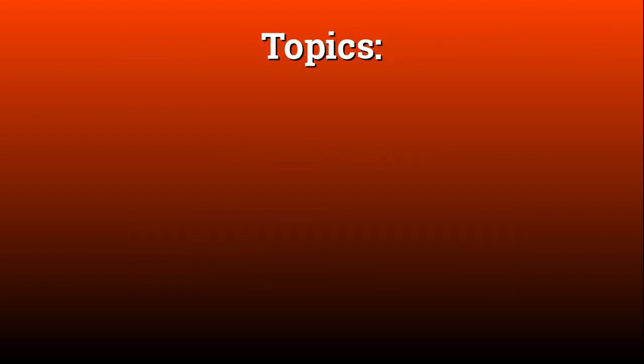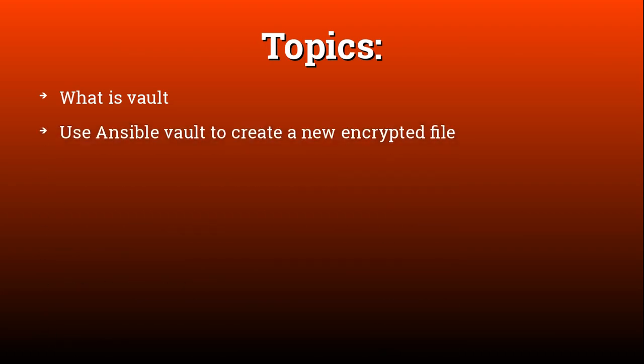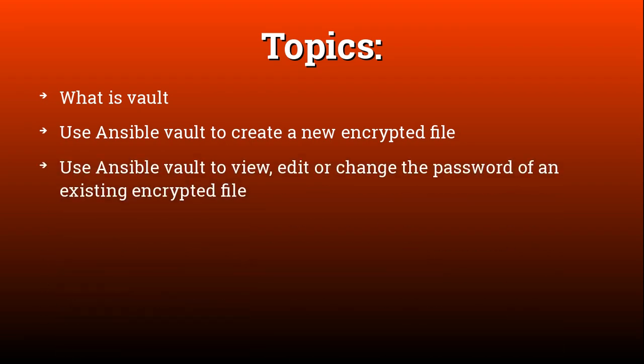So in this tutorial series, we'll be discussing what Vault is, then how you can use Ansible Vault to create a new encrypted file, and then how you can view those files, edit them, and change their password or secret key for those encrypted files using Vault.